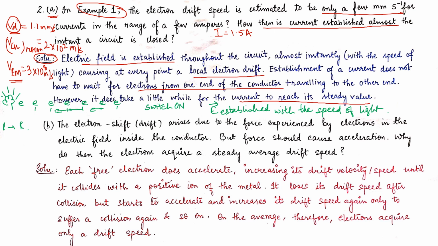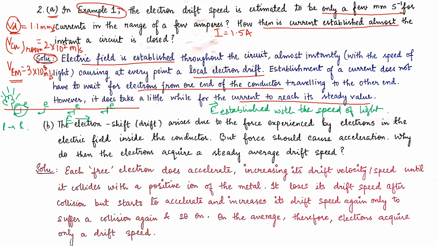I'll make the diagram once again, a little clearer, so that we can understand properly. These are electrons and E is established. Due to this E, these electrons will drift locally a little.